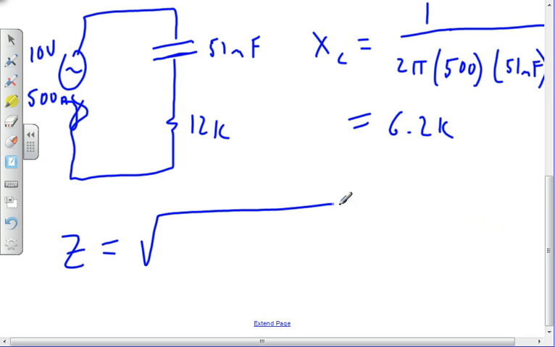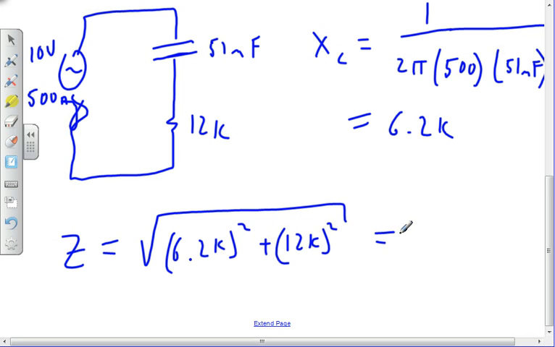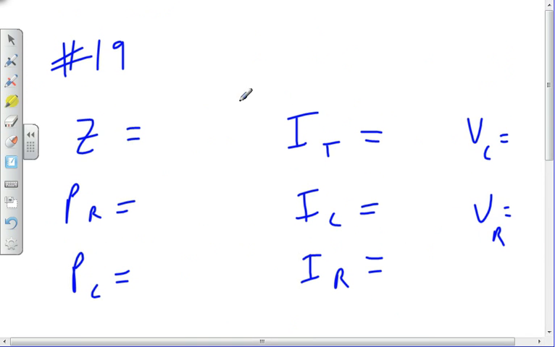Impedance is going to be the square root of 6.2K squared plus 12K squared. We can put that in our calculator without the K, and then add the K at the end. Squared plus 12 squared equals, square root, 13.5K.